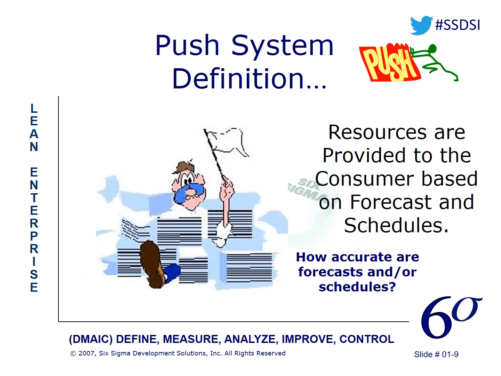Again, a push system is really resources that are provided to the consumer based on forecasts and schedules. So again, I've got that crystal ball, and I build so that on the day that customer wants it, the day that I predicted that demand, we can meet that demand.